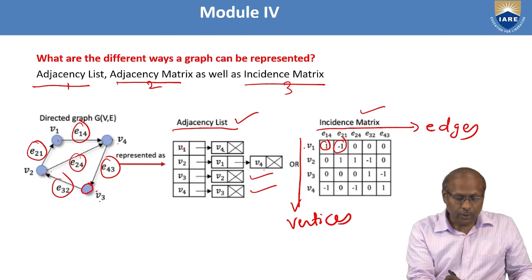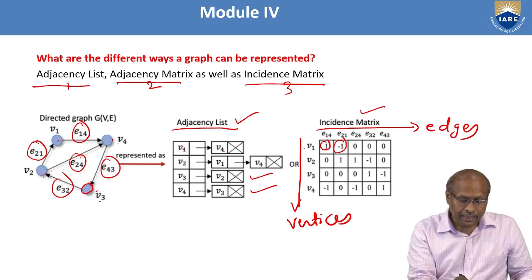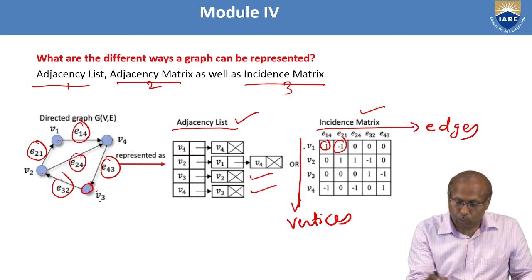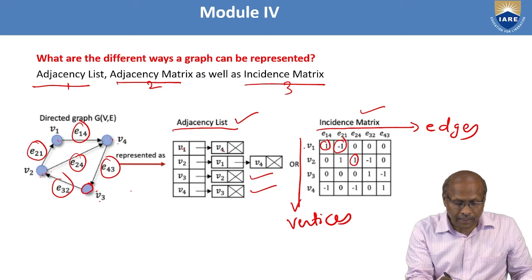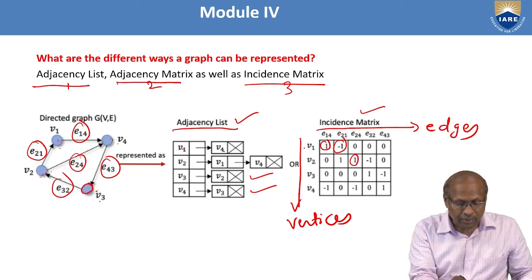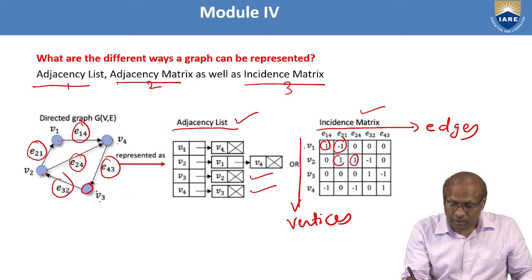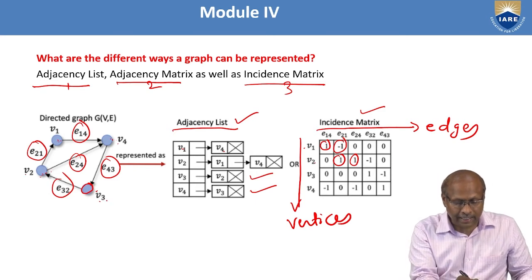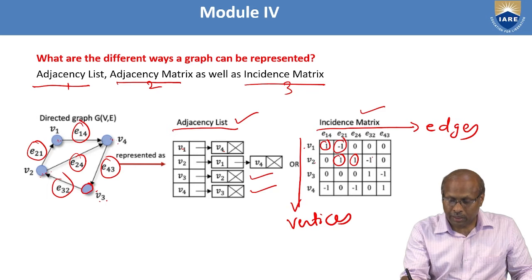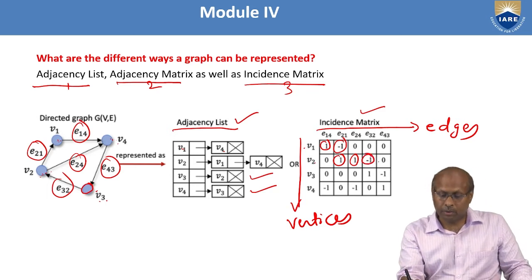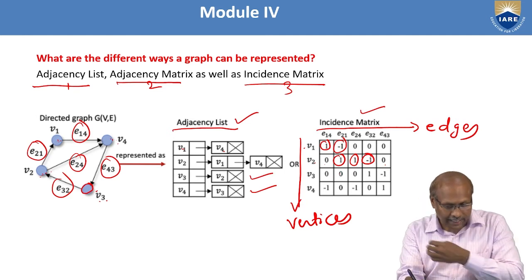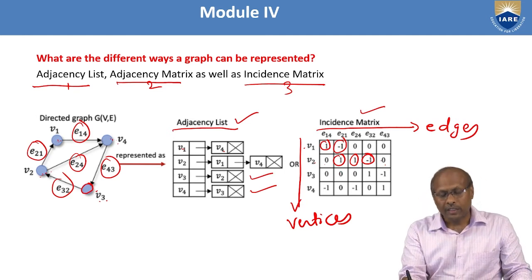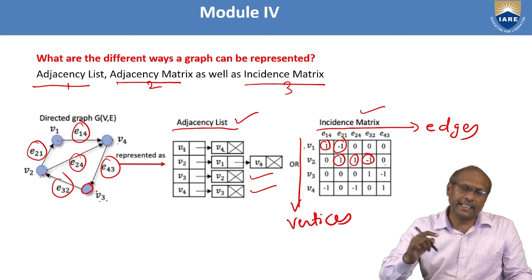Similarly, V2. V2 is linked with E24, so 1 here. V2 is linked with E21, so here 1. Whereas V2 is linked with V3 also, but in the reverse direction, so write -1. Remaining ones, put zeros. Whichever edges are not connected at all to that vertex, put 0. If a directed connectivity exists, write 1.